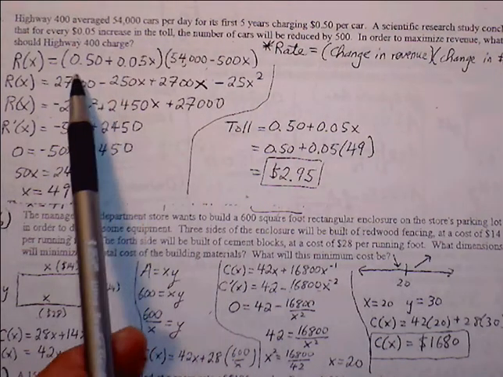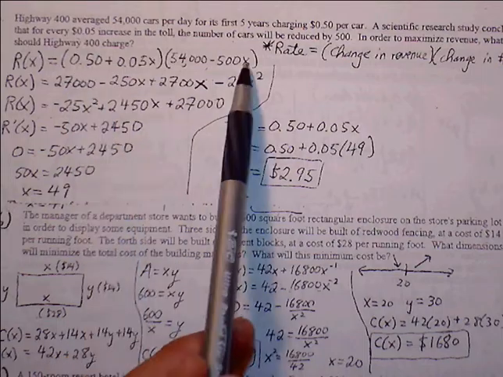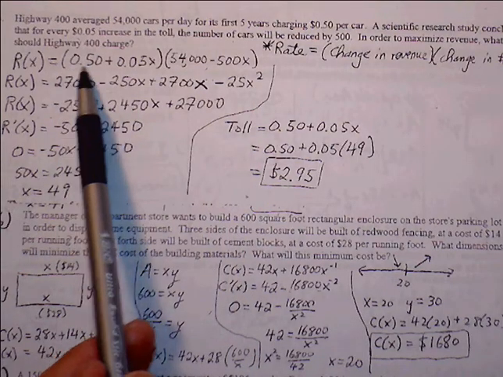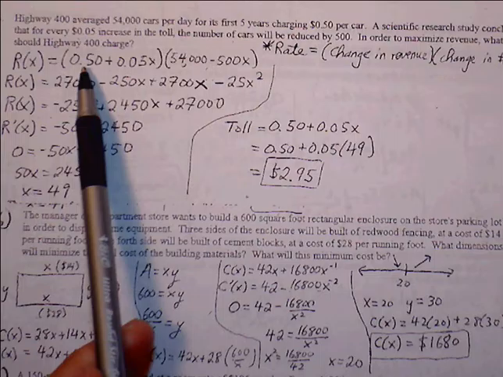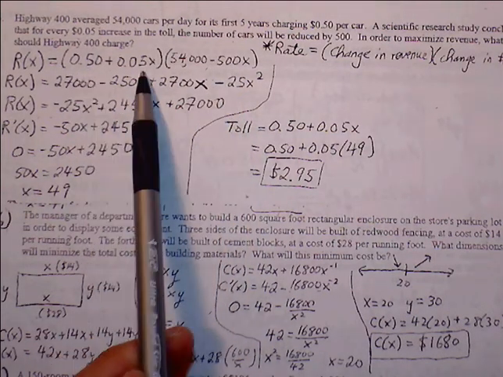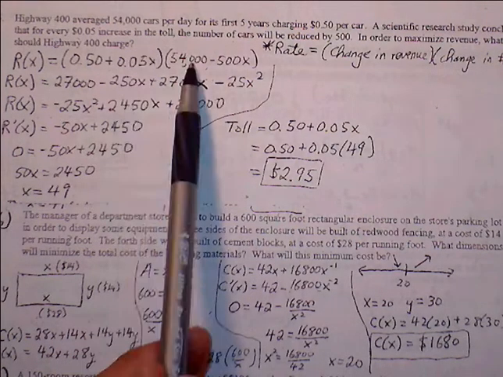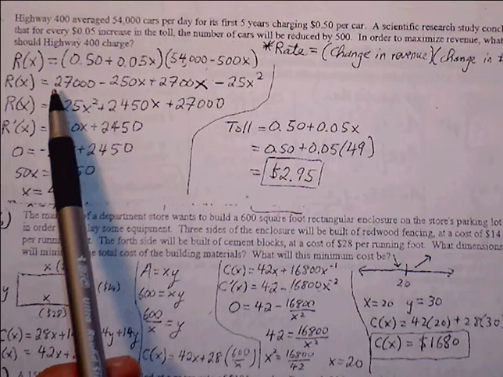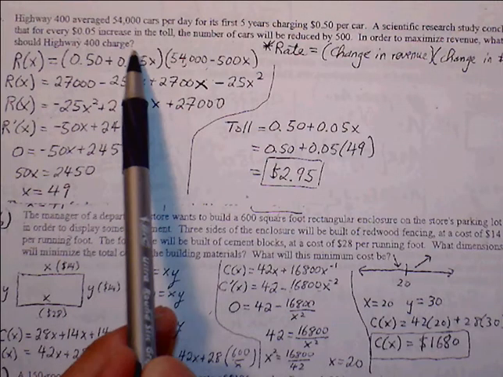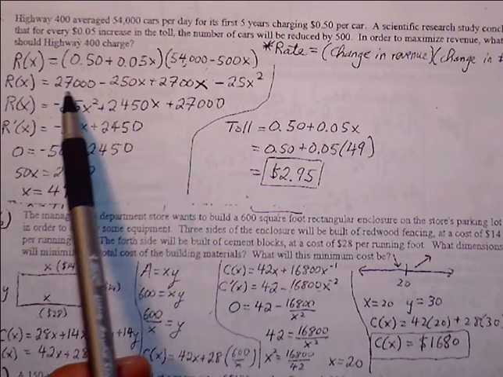All right, so this is the equation that we're going to be working with. Notice that everything's in terms of x. We really just have to find the derivative and set it equal to 0. We could go through product rule, but I think it's easier to just expand everything out and use power rule. So if we expand everything out, distributing 0.50 and the 0.05x through, this is the result.